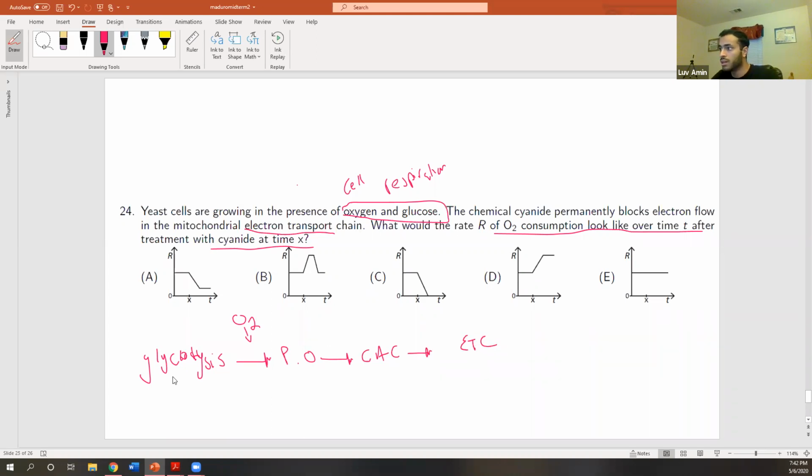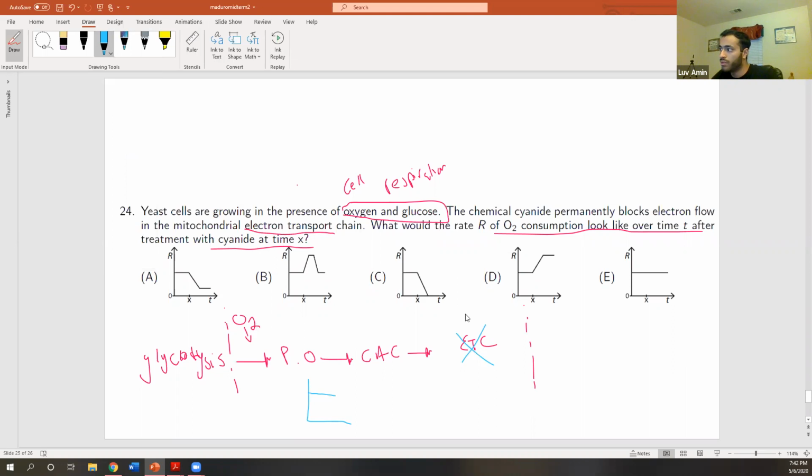So essentially, we're going to talk about O2 consumption starting from here till the end over here, right? And what we know is that this drug is going to block O2 consumption over here. But all this is still okay. So if we were to draw a graph, all this is still stable consumption of oxygen, right?